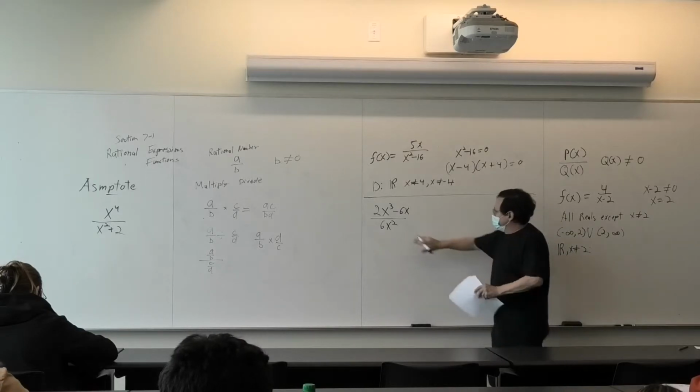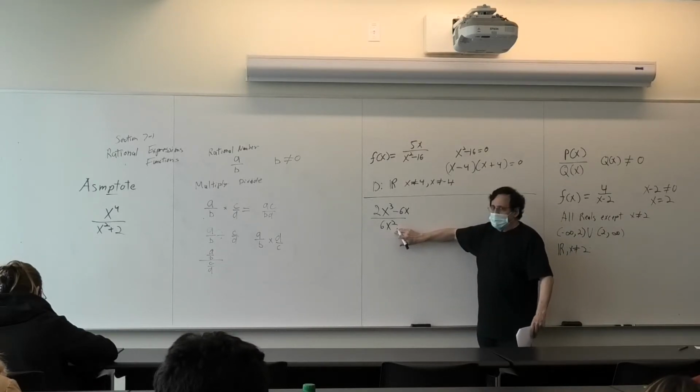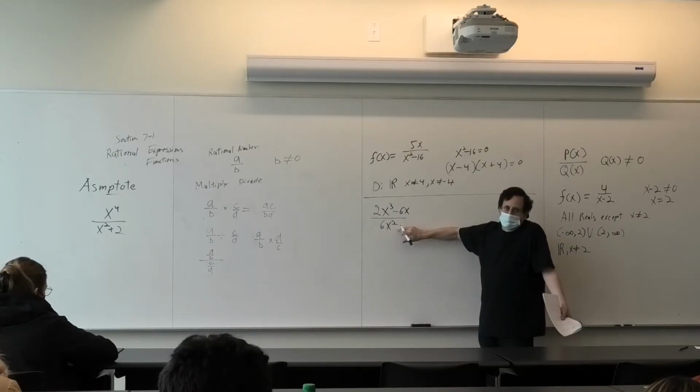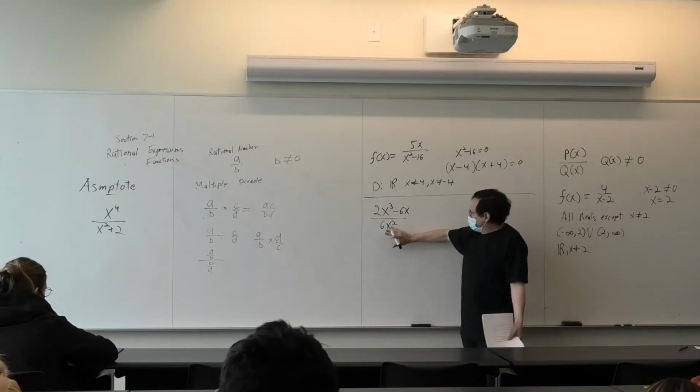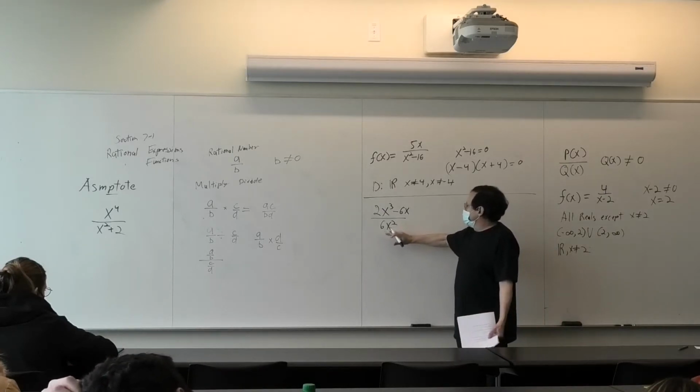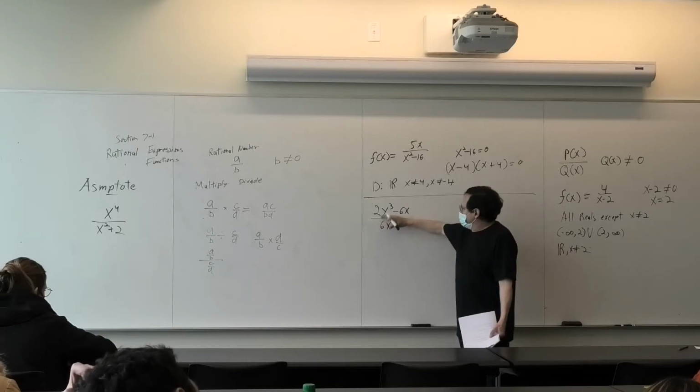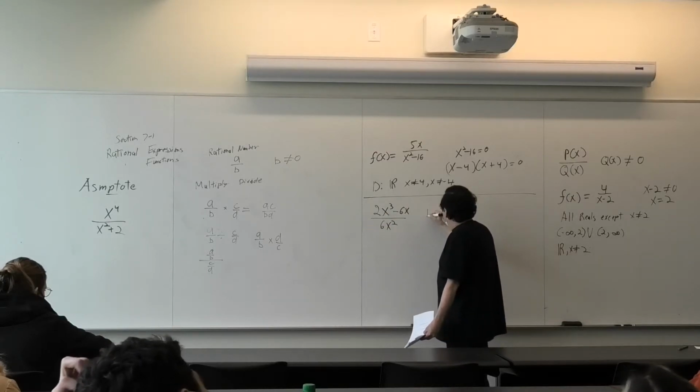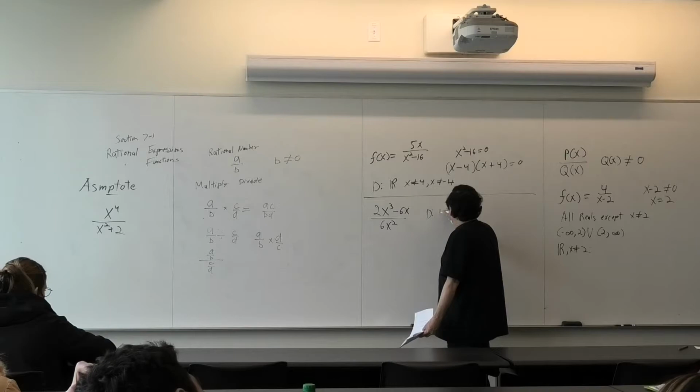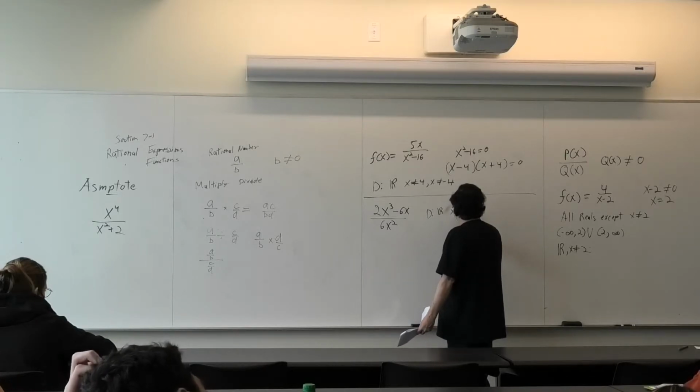Okay, well, the first thing to notice is that if x is 0, zero can't be in the domain, because if x is 0, I'm dividing by 0. So my domain is all real numbers, x not equal to 0.